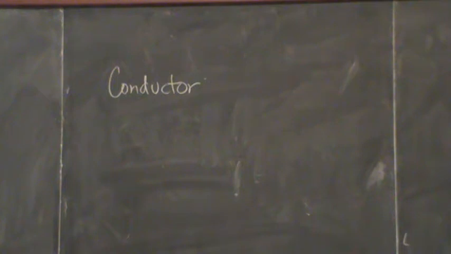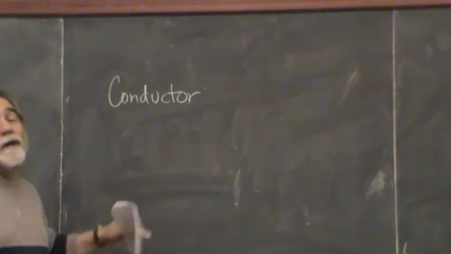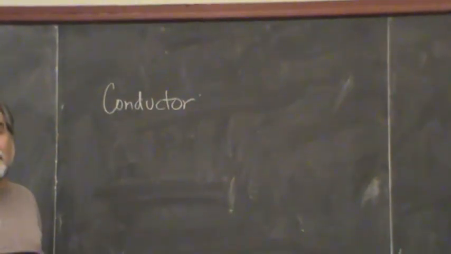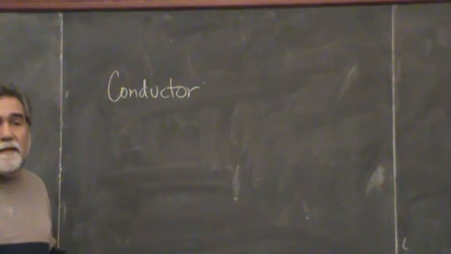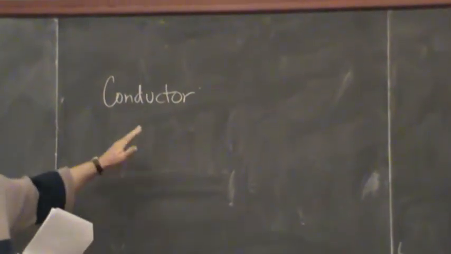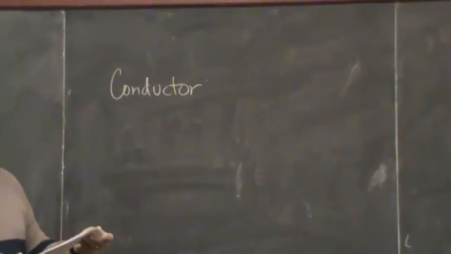So you wait until charge has gone somewhere. Well, here's what we know. Charge flows freely in a conductor. It's at a limited speed, but it flows freely in a conductor. That's the definition that we're going to use.